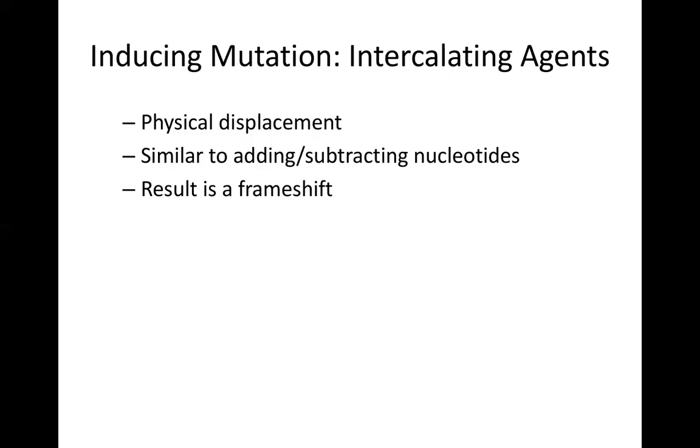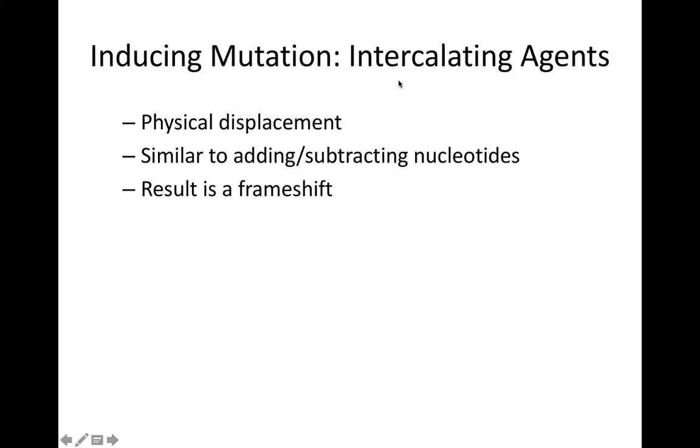So we talked about modifying nucleotides via chemicals. We talked about chemical analogs that resemble nucleotides, but are actually different in their hydrogen bonding capabilities, and so you get interesting base pairing going on there. And then another type of chemical mutation is an intercalating agent.